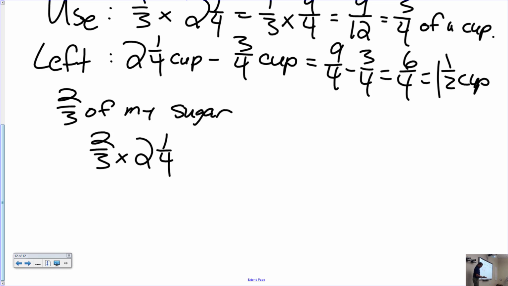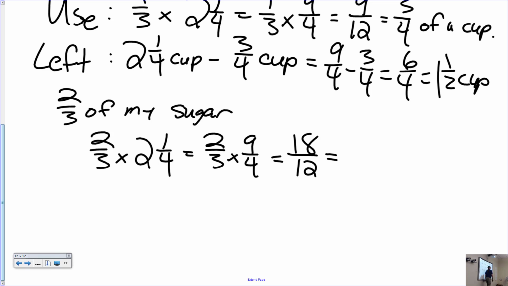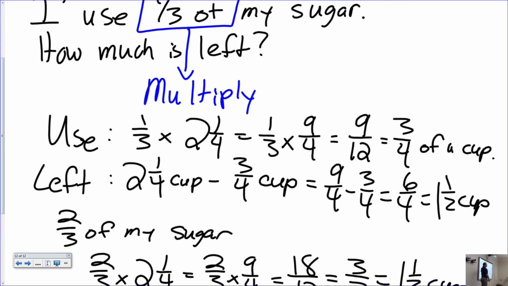How do we multiply fractions again? 2/3 times 9/4 is 18/12. That's way easier, and again, it's using stuff that you know. This is called the complement concept. 1/3 and 2/3 are complementary fractions because they add up.